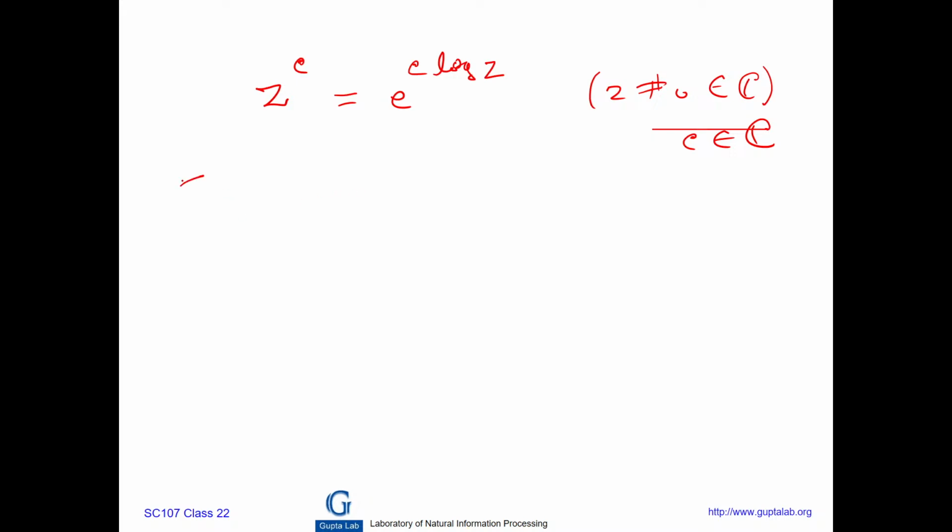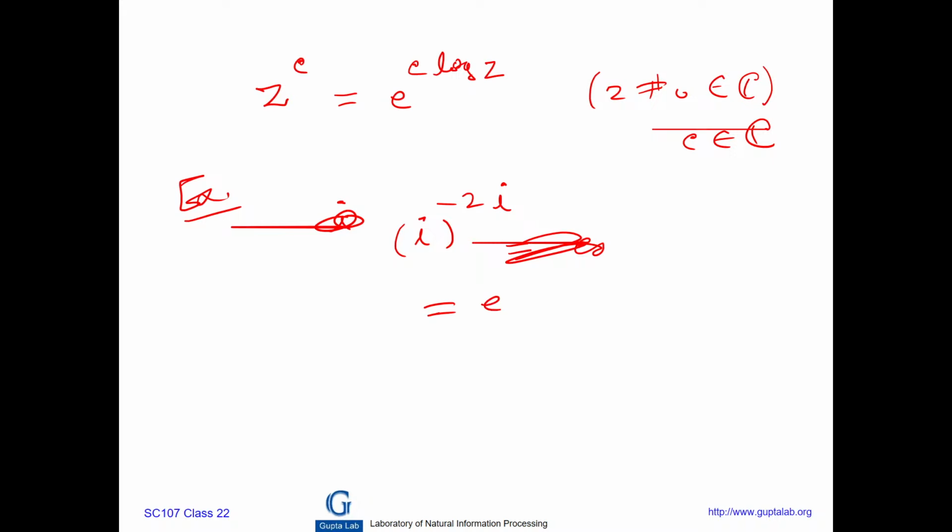So just take an example, i raised to power minus 2i. What will be the value? These are all real numbers. Such a beauty. How can this be a real number? So let us see. This is exponential of minus 2i log i, from this definition.